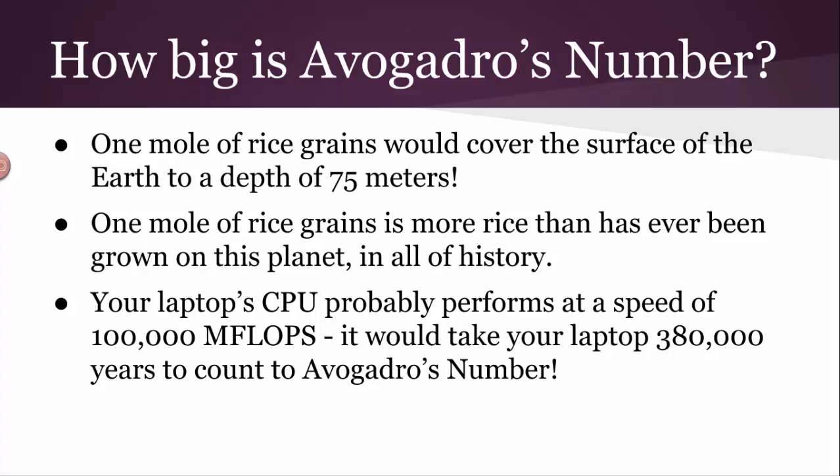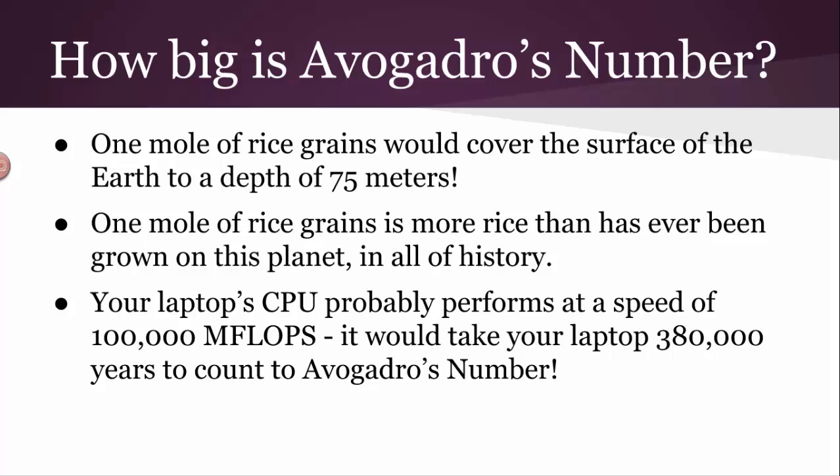If you have a laptop, it probably has a processor in there, if it's one of the newer ones, that performs at a speed of 100,000 megaflops. A flop stands for floating point operations per second. So what that means is if you asked your laptop to count, it could count up to 100,000 in 1 second.